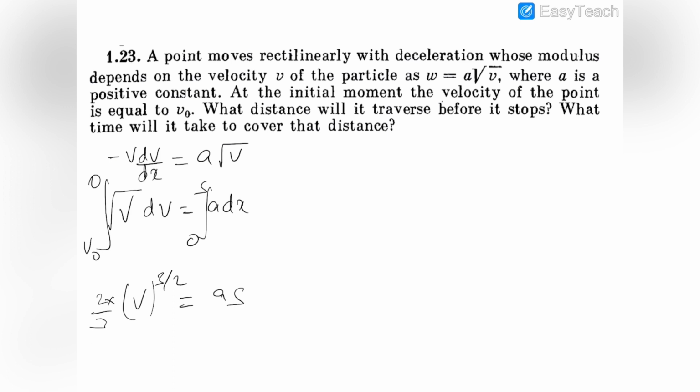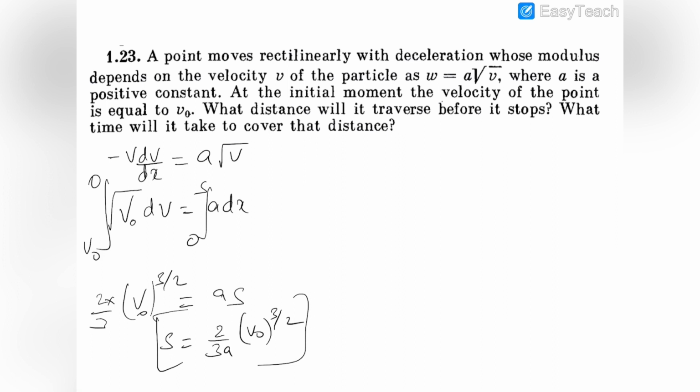Okay, so this is v0. So s is equal to 2 by 3a v0 to the power 3 by 2. This is s, and we have to find out the distance and the time it would take to cover that distance.